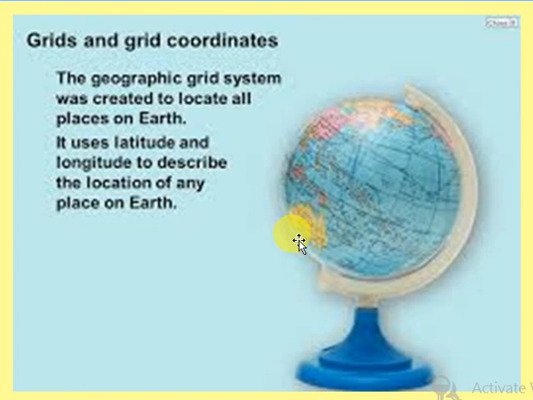He realized that any place on the Earth could be located with a basic grid of lines of latitudes and longitudes. In fact, in all maps you will find this basic grid system, whether it is a globe or a map of India or the world. Any map is divided into latitude and longitude.